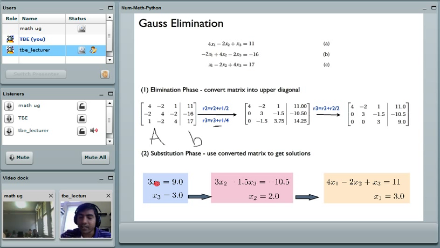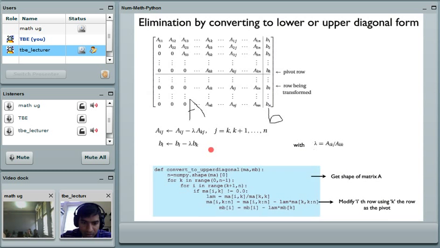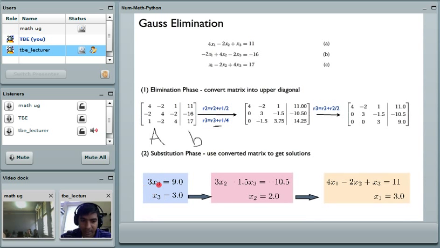So whether you find x3 first or x1 first tells you what type of substitution you should be doing. Backward substitution is associated with converting to upper diagonal matrices, while forward substitution is done when you convert the matrix to a lower diagonal matrix. And in this whole thing I showed here, I took x3, found the solution, then substituted it inside, and substituted x2 and x3 to get x1.